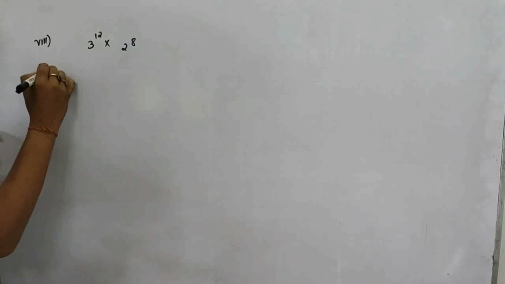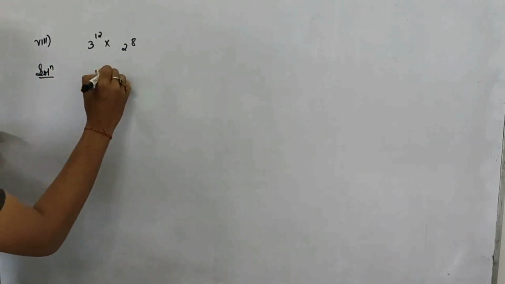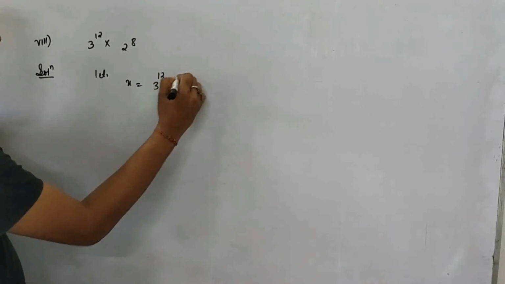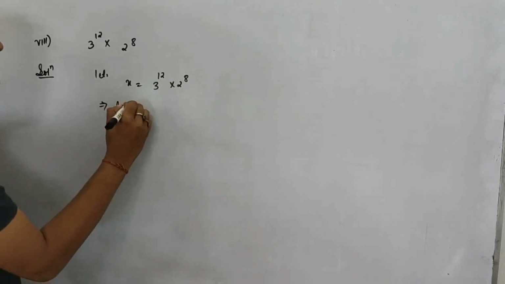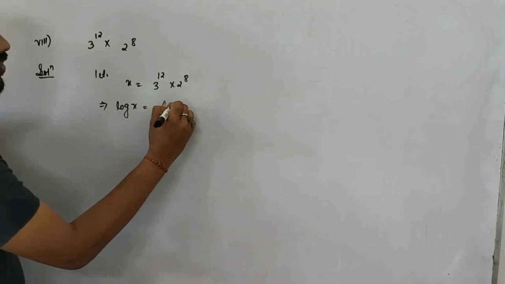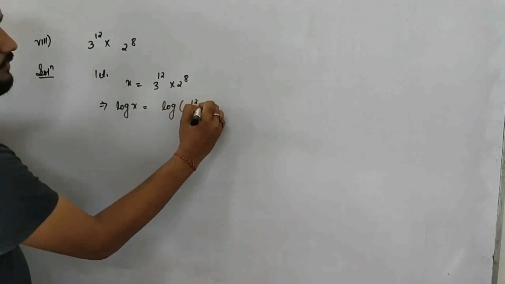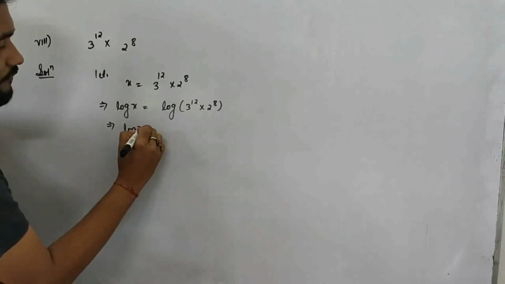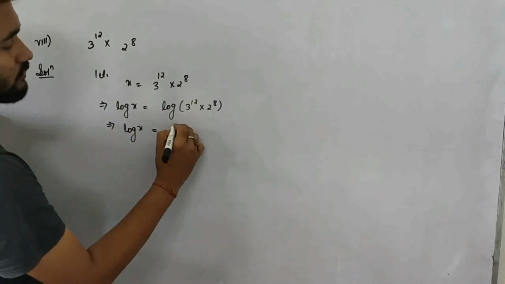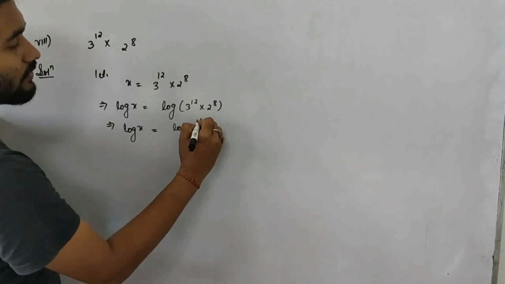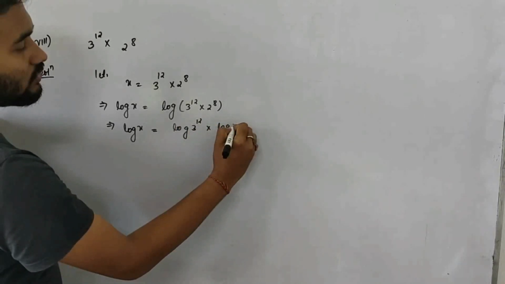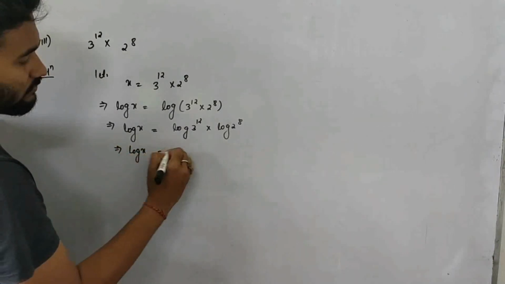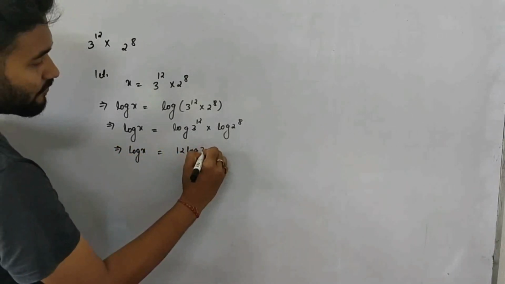Number 8, 3 to the power 12 into 2 to the power 8, isn't it? Solution. Let x equal 3 to the power 12 into 2 to the power 8, which implies log of x will be equal to log of 3 to the power 12 into 2 to the power 8, which implies log of x will be equal to 12 log 3 plus 8 log 2.